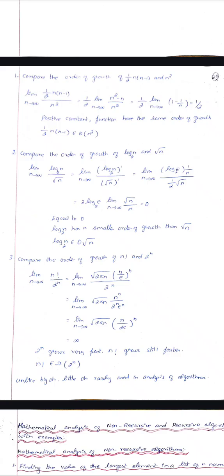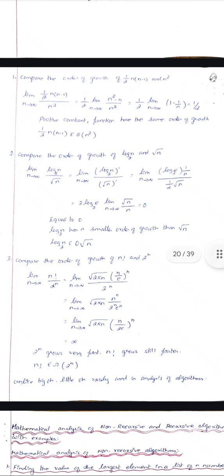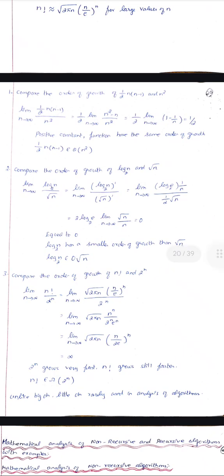Then compare the order of growth of log to the base 2 of n with root n. It can be written like this. Root n can also be taken as half root n, because we differentiate the numerator and the denominator.